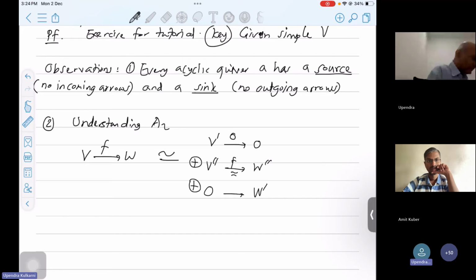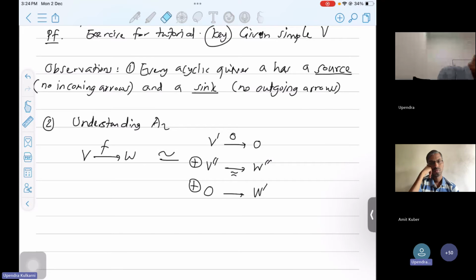That earlier identity that I had and the zeros, I can really instead think of this differently. Let's do the following. Remember, this F is an isomorphism.